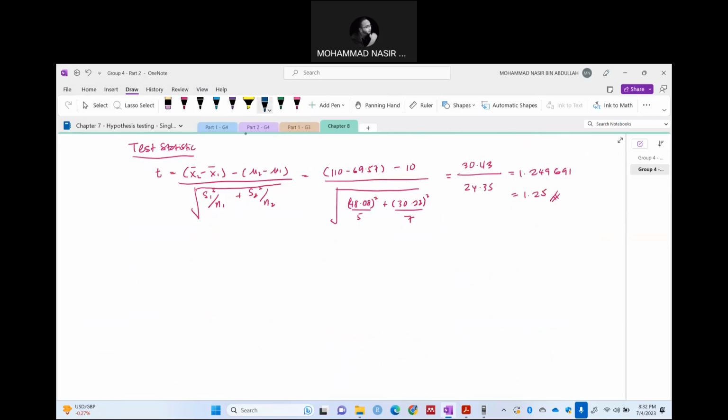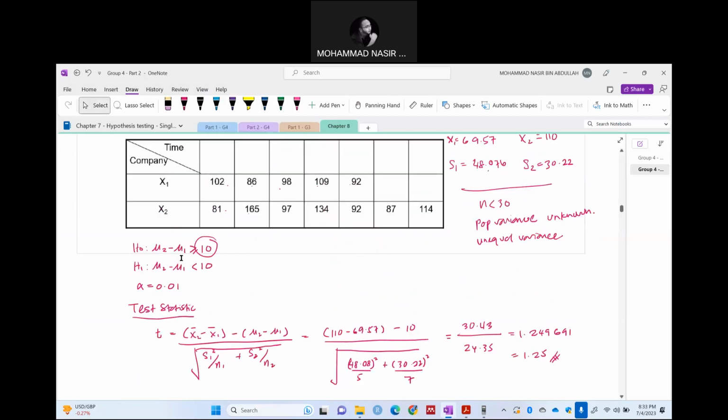So next we need to find the critical region. In this case, based on the alternative hypothesis, this is a one tail test, right? So the rejection area should be on the left, because this is a less than.